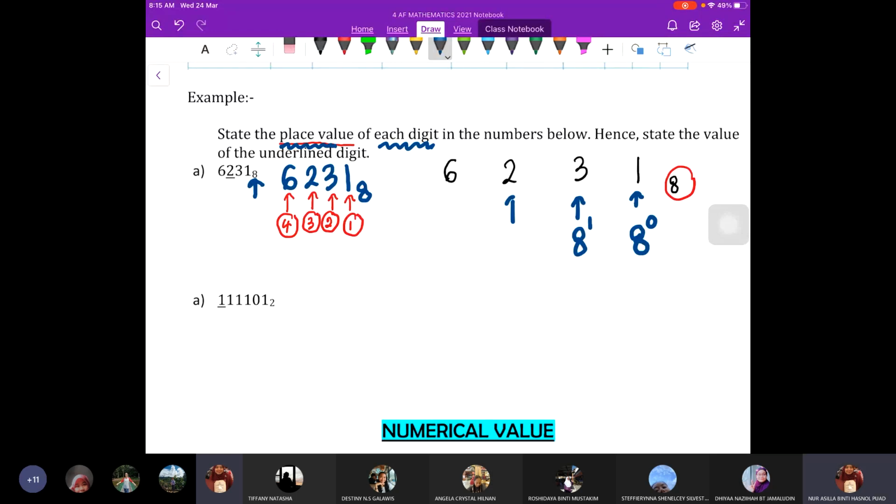And then 2 must be 8 to the power of 2. 6 must be 8 to the power of 3. Okay, kemudian dia tak stop dekat situ. Okay, ini place value. Don't forget, this is our place value.